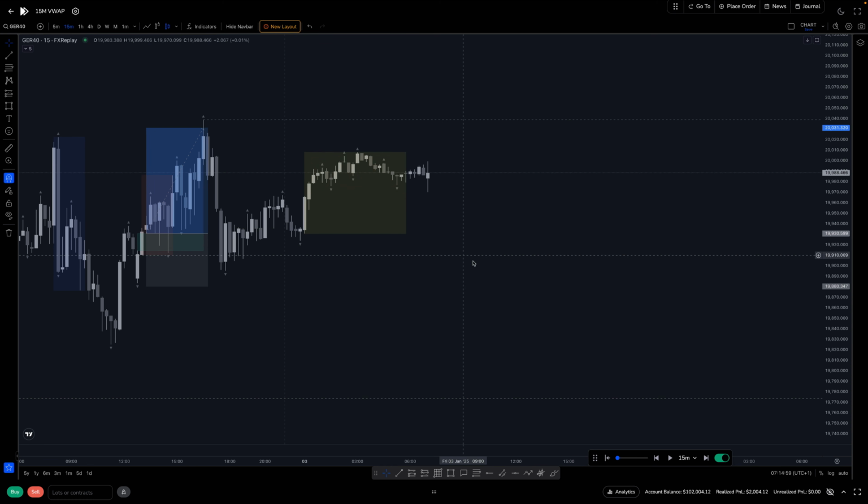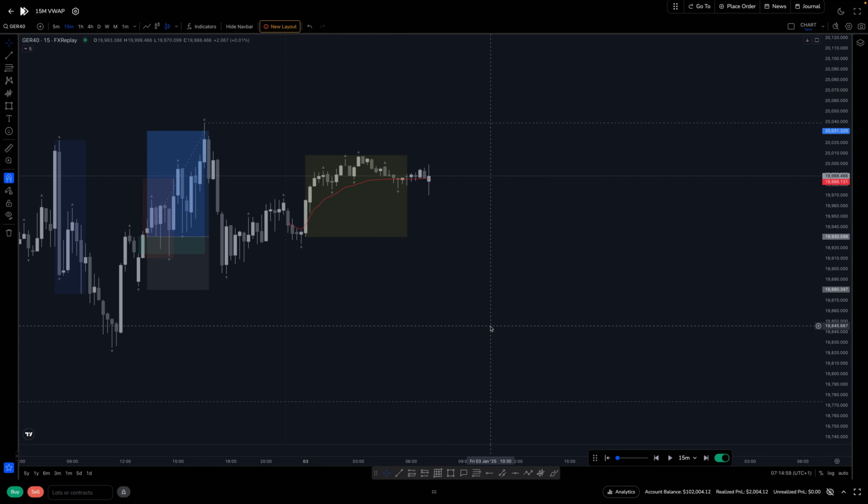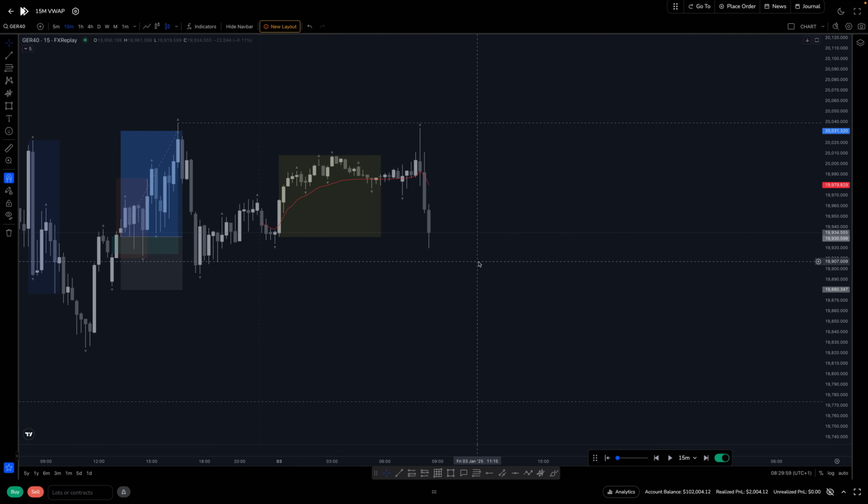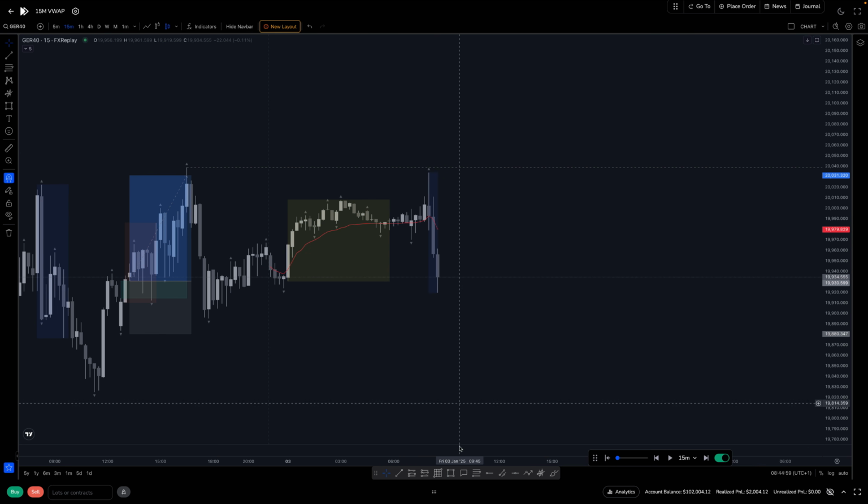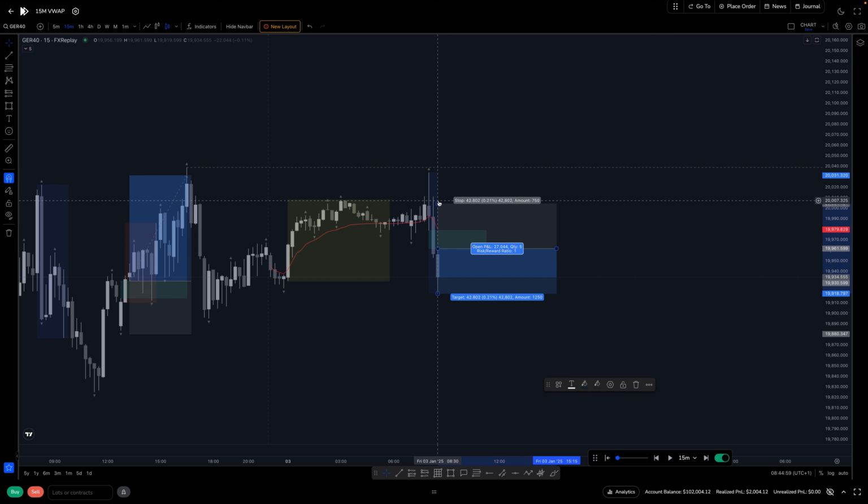Remove this VWAP, and then we can add our new day one. So we are below. We've got a fair value gap here, and we can try and enter a trade here.